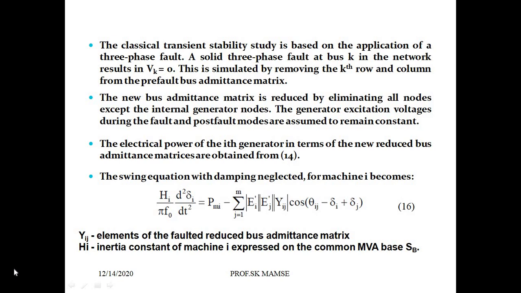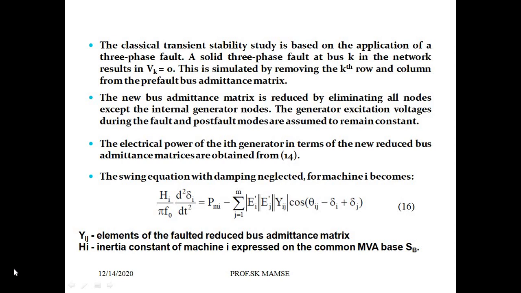The swing equation with damping neglected for machine i becomes Hi divided by pi f0 times d squared delta i divided by dt squared, equal to Pmi minus the sum for j equal to 1 to m of the magnitude Ei times the magnitude Ej times the magnitude Yij cos of theta ij minus delta i plus delta j, where Yij are elements of the faulted reduced bus admittance matrix.